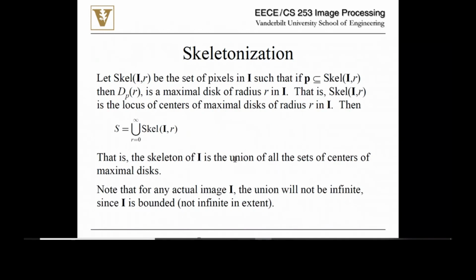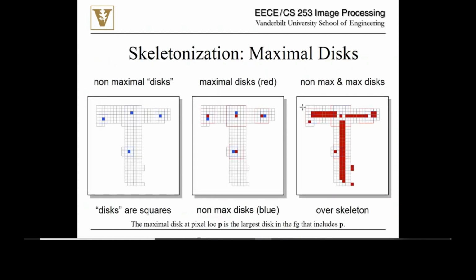Okay, so let's go back to the definition. So the skeleton will be the union of many skeletons, but now these skeleton operators have a particular argument r. So what is the radius? And a skeleton of a radius r is the center of all maximal disks of radius r in I. So let's see it with an example.